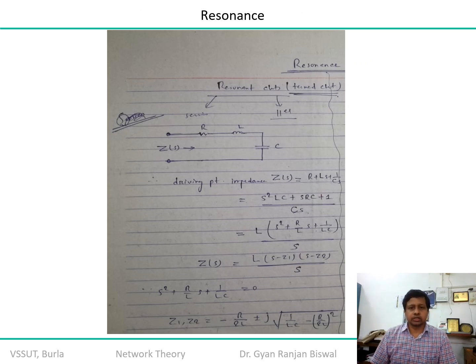So the next topic we will talk about is the resonance circuit, or the tuning circuit. A resonance circuit is typically a combination of RLC circuits. It can be a series combination of RLC circuit, as you can see in this particular circuit.